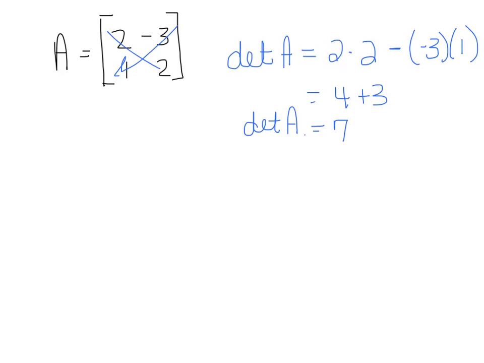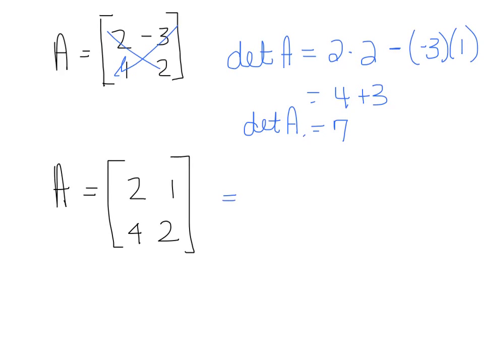That's a 2 by 2 matrix. Let's say we have A is equal to 2, 1, 4, 2, and I'm going to let you try this one. Find the determinant. Okay, how's it going? Okay, I'm going to put my answer up here. It's pretty easy to do.